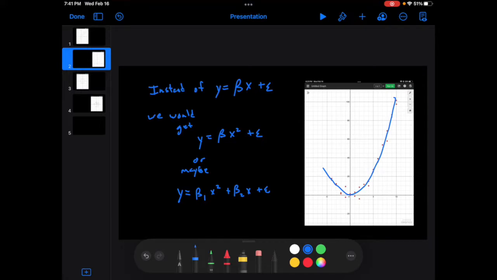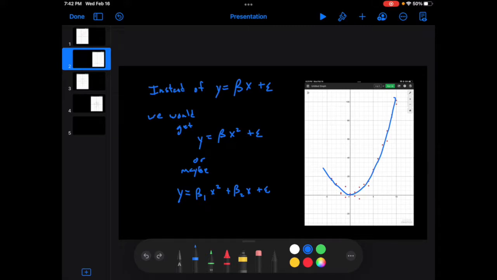But we can do that transformation because you can just take your x values and square them to get x squared, and then create a linear combination of those quadratic and linear values.